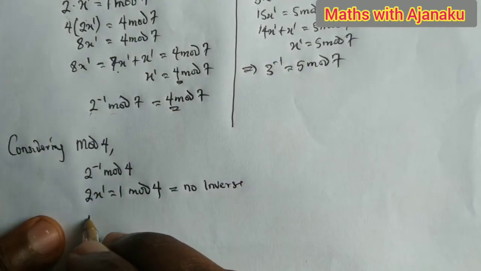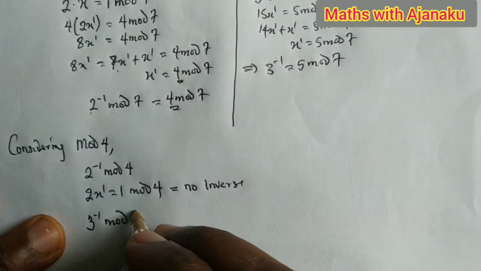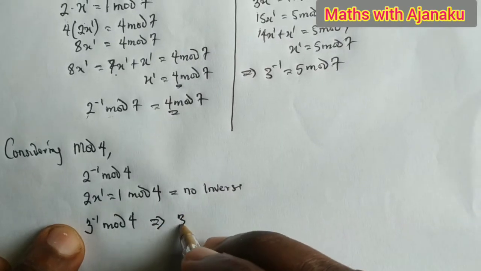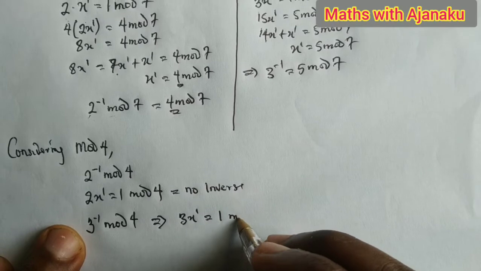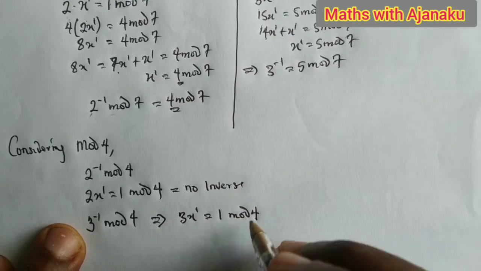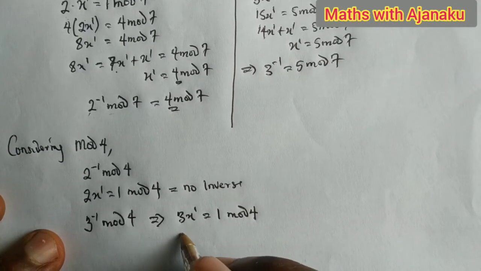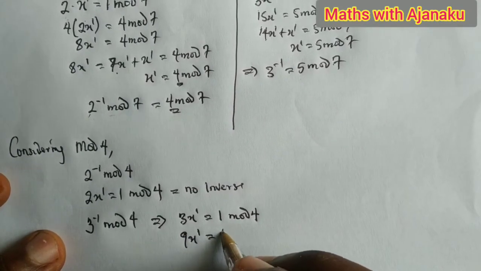The inverse of 3, of course, does exist. If we rewrite this, it implies 3x' is equal to 1 modulo 4. To go on with this, multiply by 3, and this will give me 9x' is equal to 3.